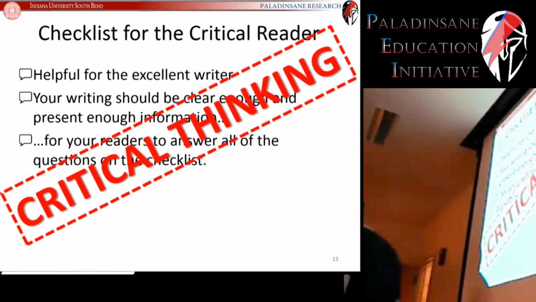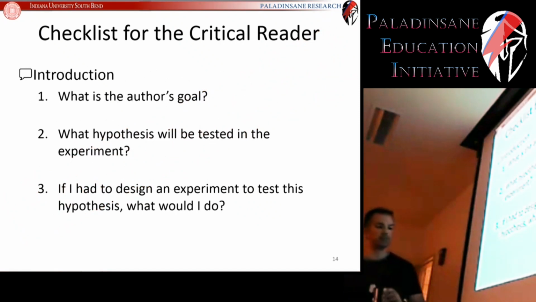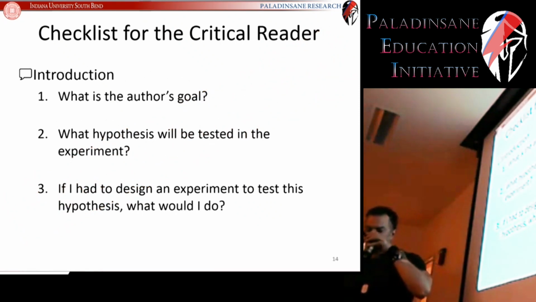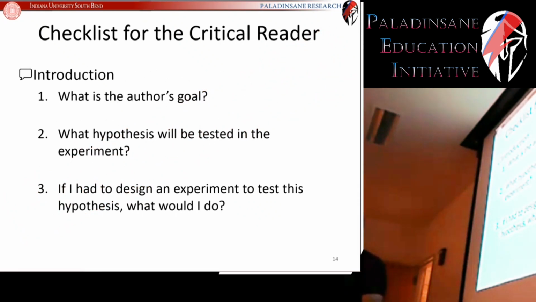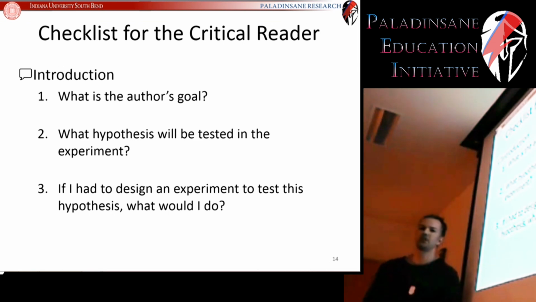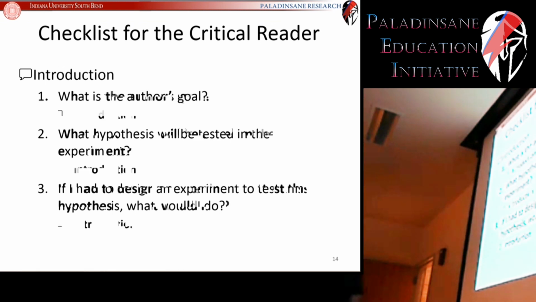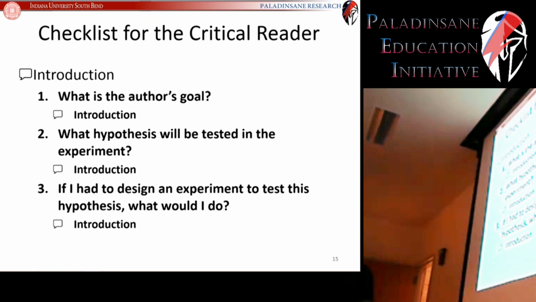So let's take a look at what this checklist is. We'll start off with the first section, which is the introduction. As you read the introduction, and definitely by the end of the introduction, you should be able to answer the following 3 questions. They can all be answered with information from the introduction.